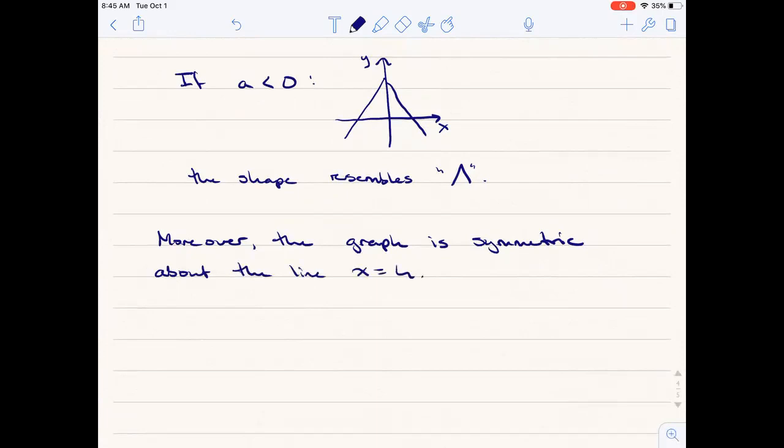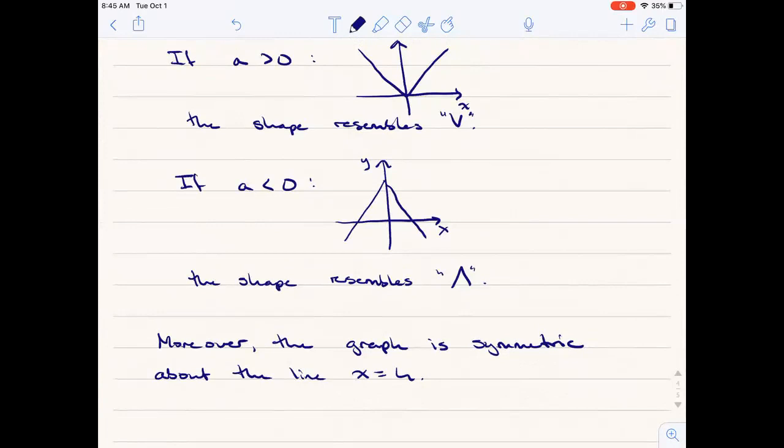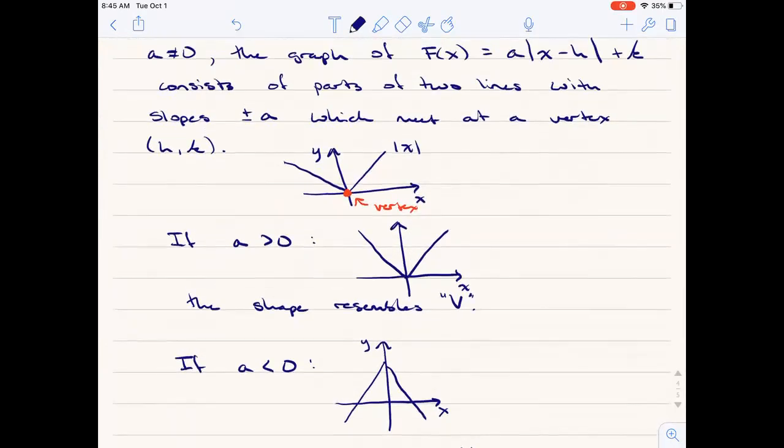If you think about where the vertex is at h, k, the x value of the vertex is at h, and the y value of the vertex is at k.